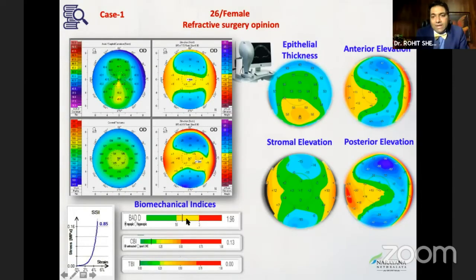Don't go by the BAD-D, because BAD-D is heavily influenced by your asymmetry, your elevations, and multiple things. We don't know. It's a semi-AI kind of based metric. And this epithelium is the culprit here. So you can easily go ahead and do it. But if I don't have epithelial maps, then I'll be confused. Sometimes we have to mix and match everything.